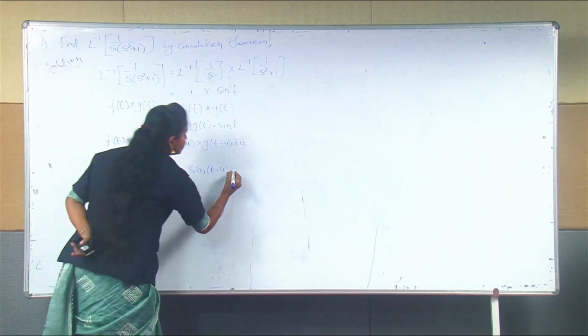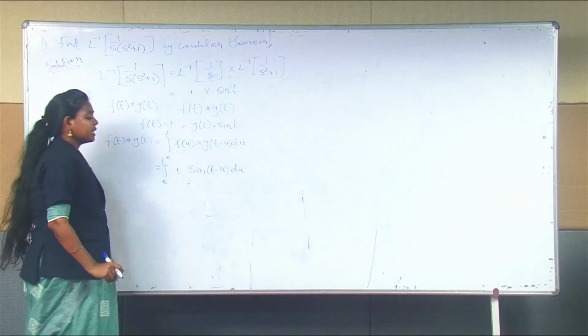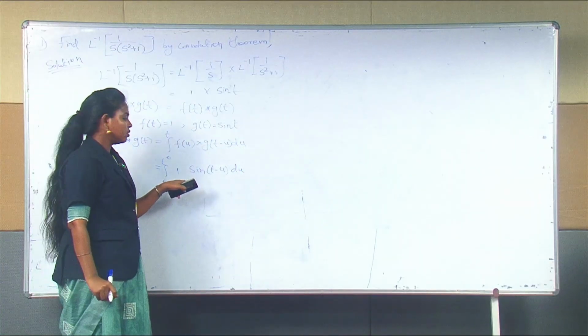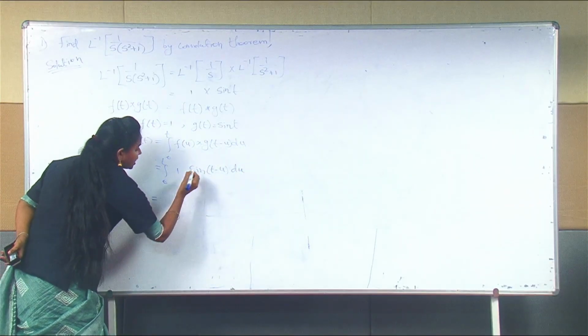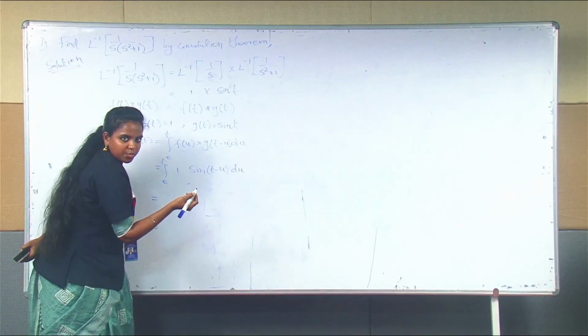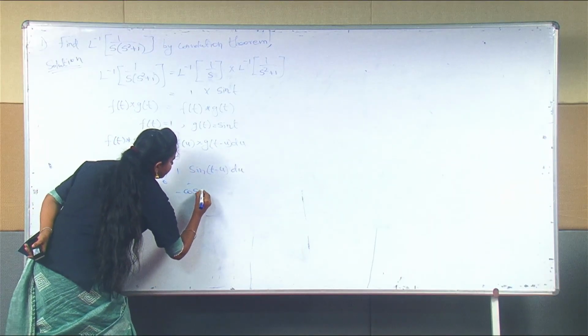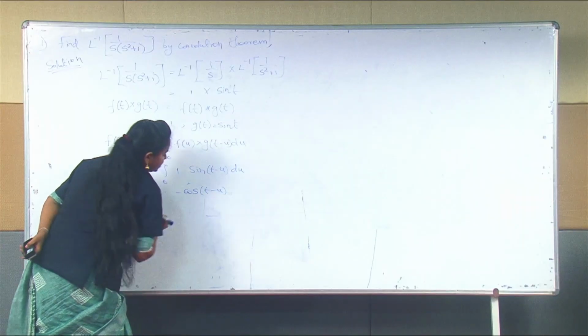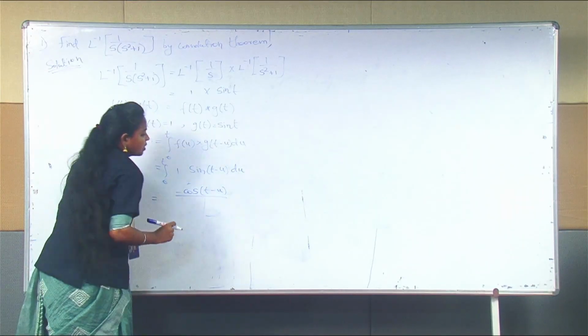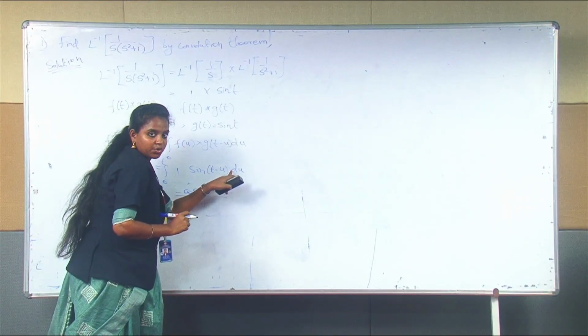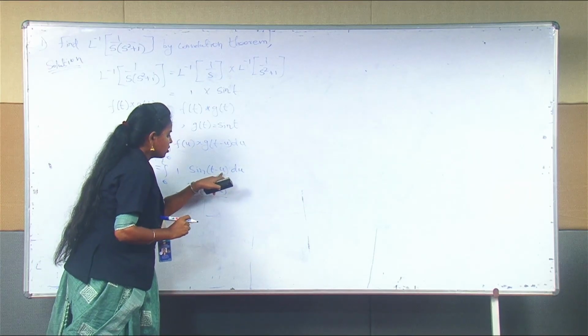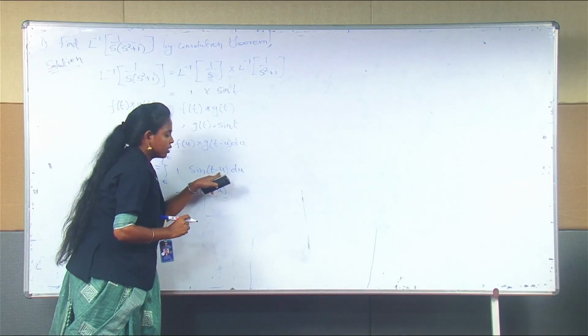What is the integration of this? You have to solve it. The integration of sine is minus cos, so we get cos of t minus u divided by the coefficient of u, which is minus 1, since we are integrating with respect to u.